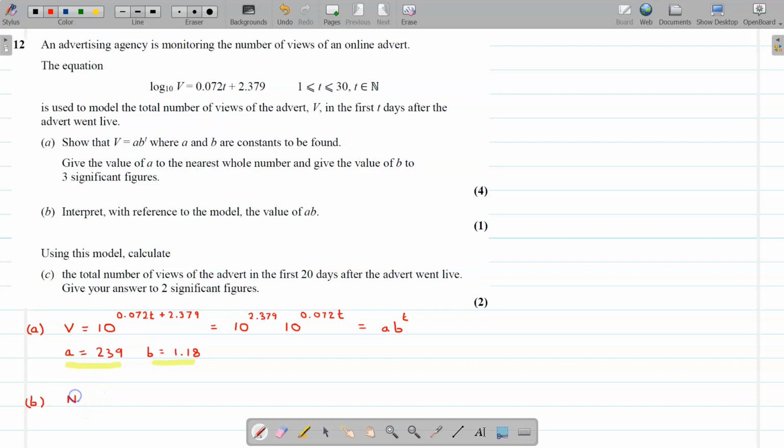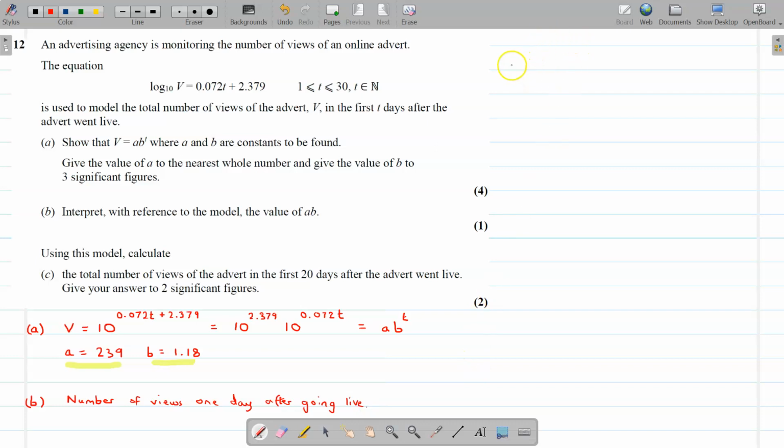It's only 1 mark, but you just need to understand what it means. Number of views, 1 day after going live. You don't need to write a lot, just a short statement like that.